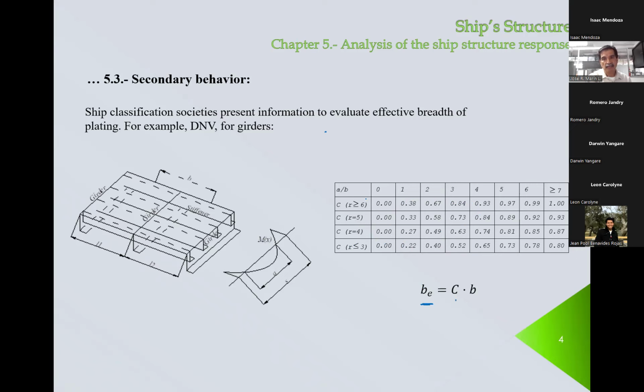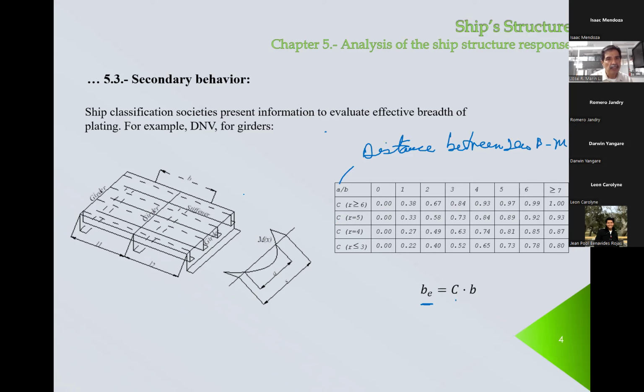In this case, A over B, remember, here A is the distance between points of zero bending moment.